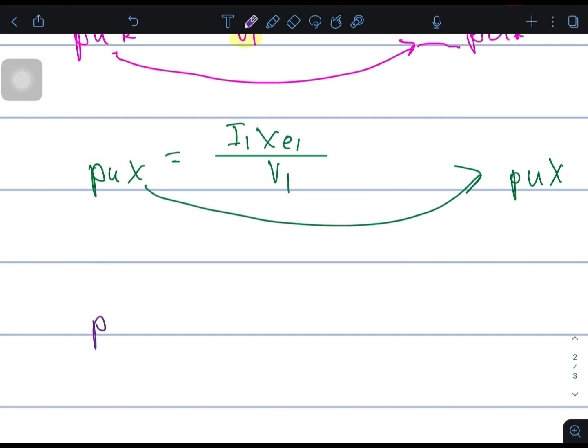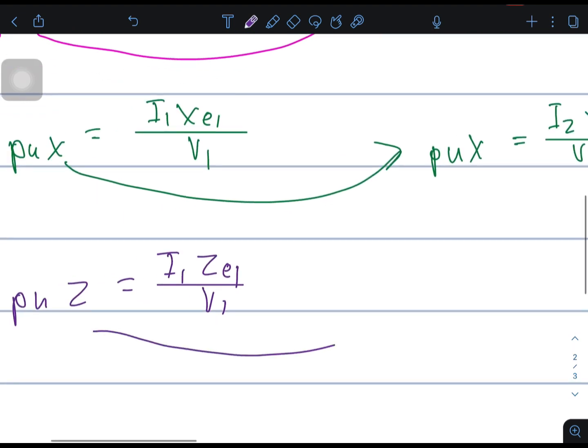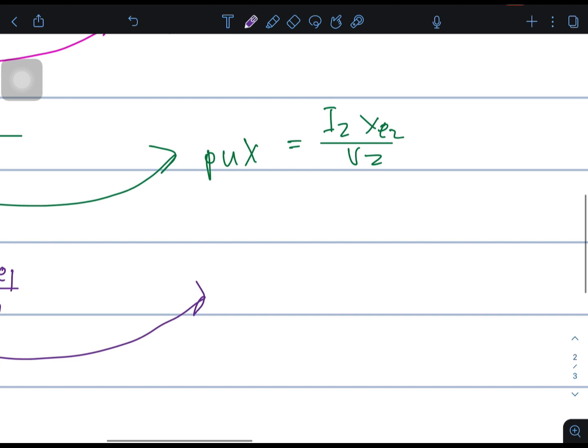Then the same thing with per unit value impedance: I1, ZE1, V1, and we can also use it on the secondary.